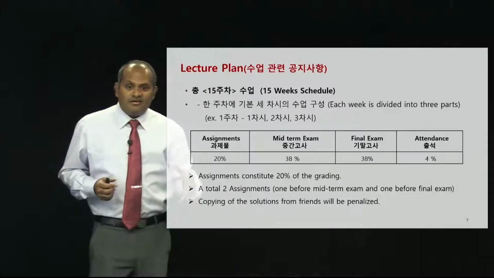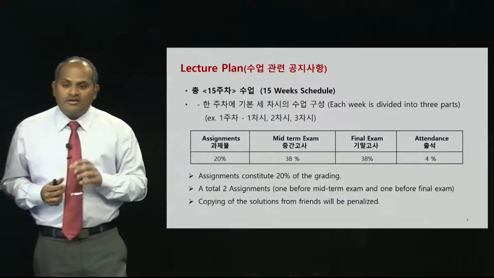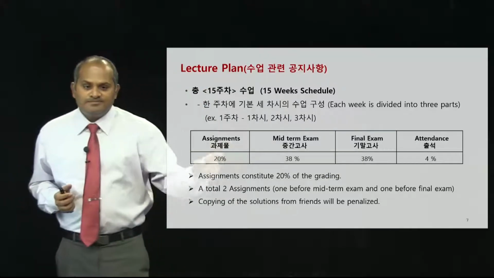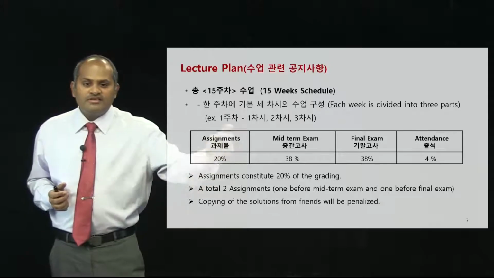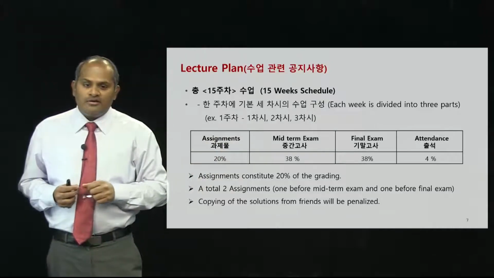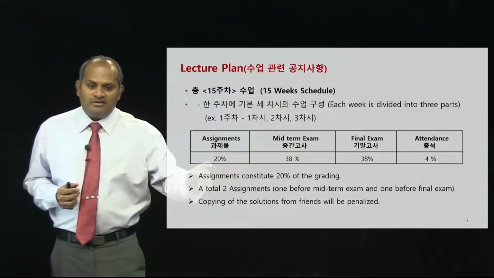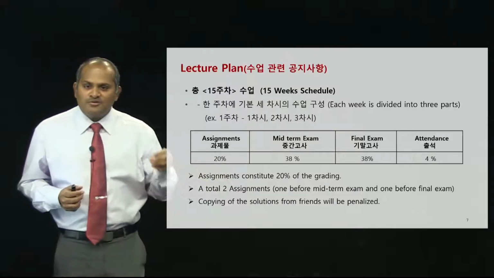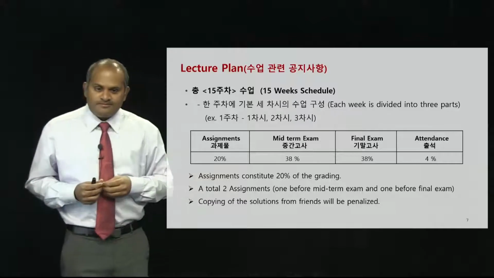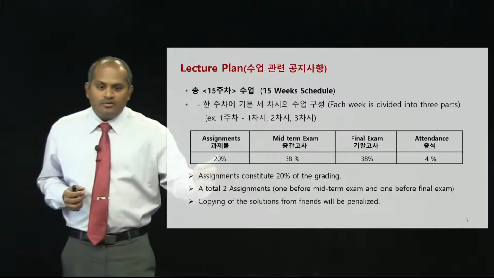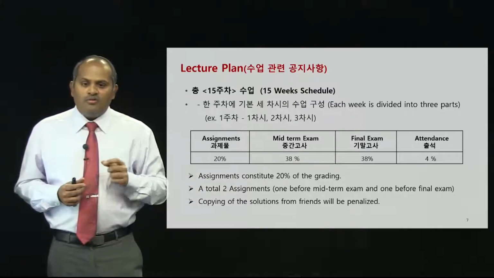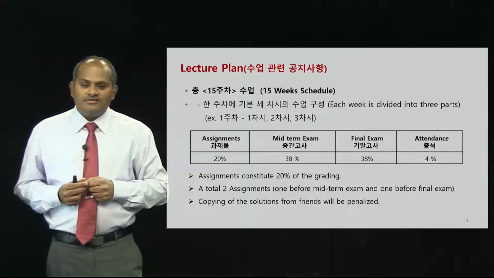Besides that, one important aspect is assignments. This is a very important part. Assignments constitute 20%, and this is where many students can easily score marks. So, make sure you do the assignments correctly, and moreover for assignments you have a lot of time.